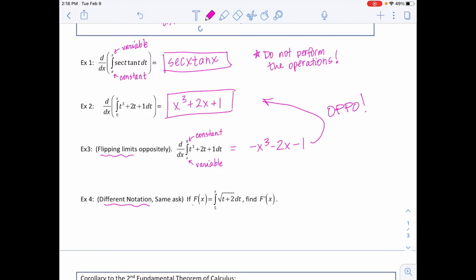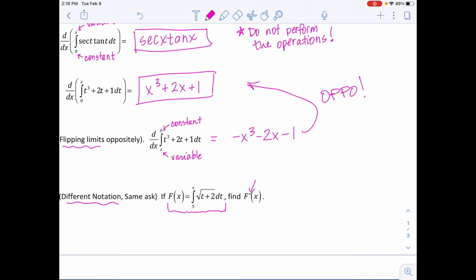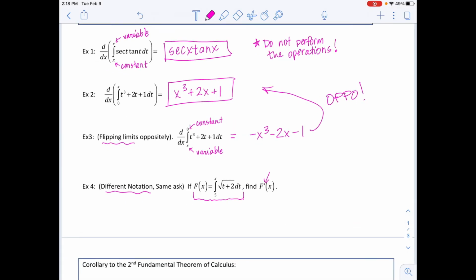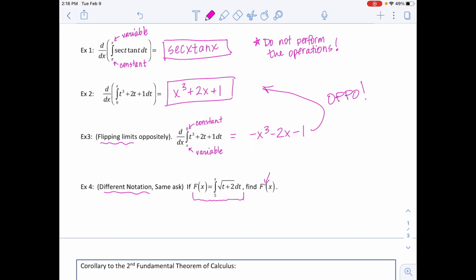So we have named this function, that is the integral from 5 to x of the root of t plus 2 dt, as capital F of x, right? That's just the name of the function. So now, if I'm asked to find F prime, this problem is actually asking me to differentiate that function.